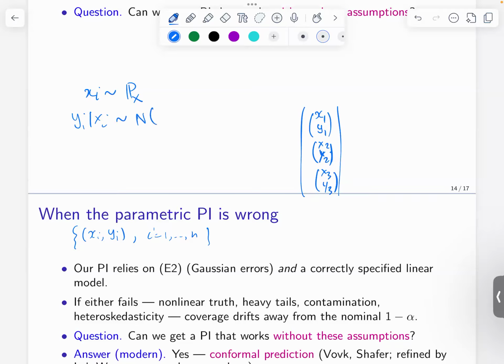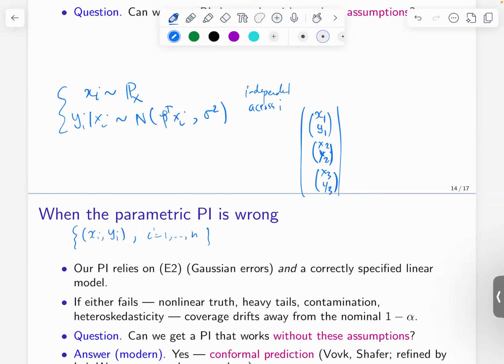So it would be normal with mean beta transpose xi and variance sigma squared. And these are independent across i. So that's the random design version of the model.